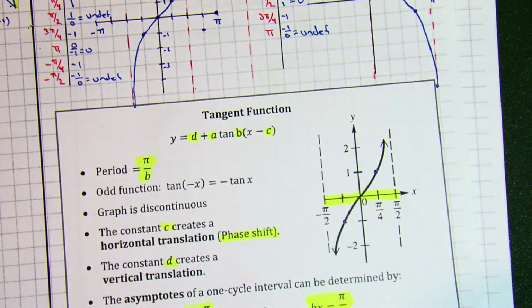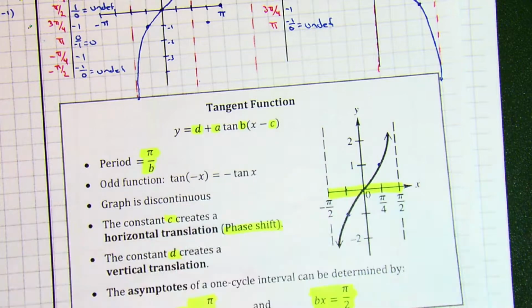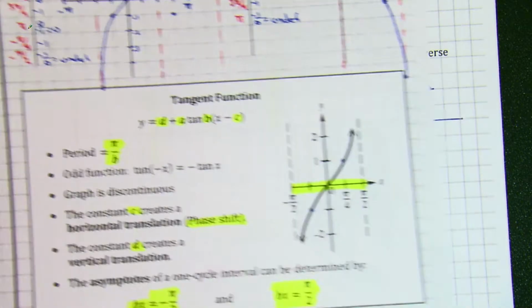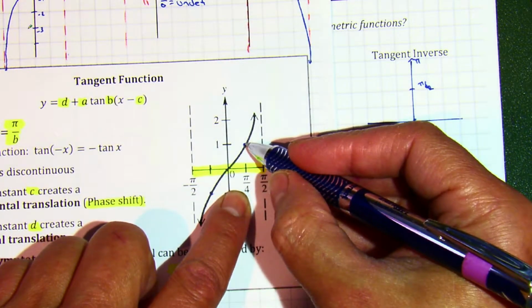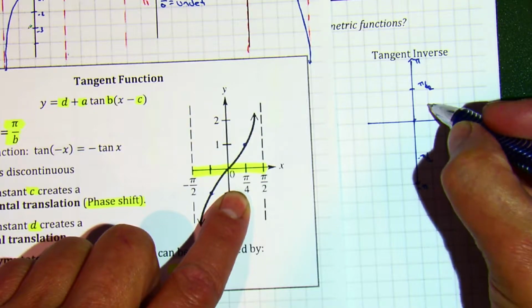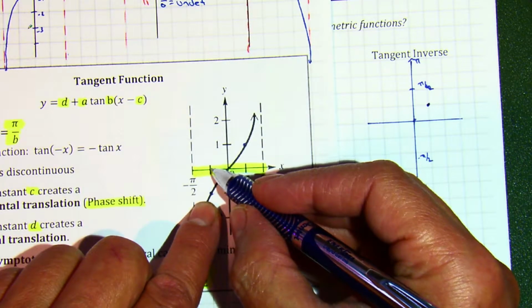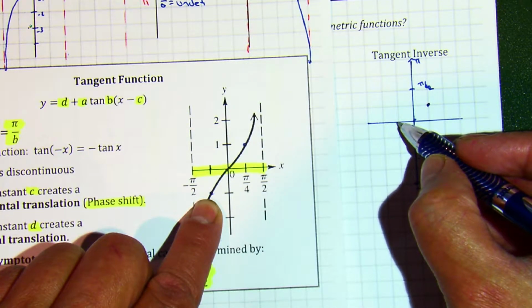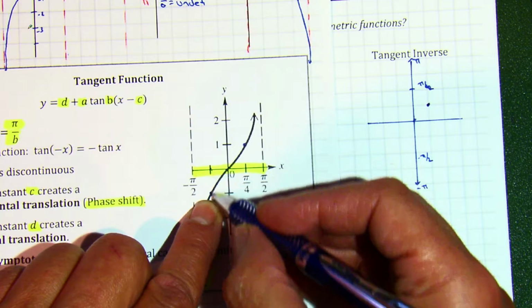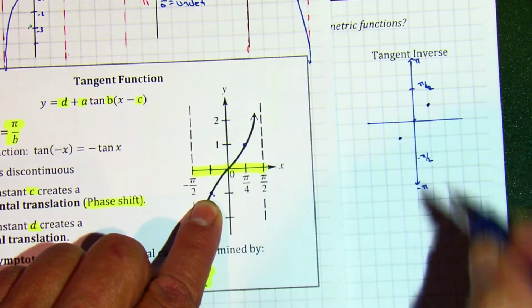So therefore, I'm only going to restrict it from negative pi over 2 to pi over 2, one full period. So now at 0 will be 0. At pi over 4 is 1, so therefore at 1 will be pi over 4, which is here. At negative pi over 4 is negative 1, so at negative 1 will be negative pi over 4.